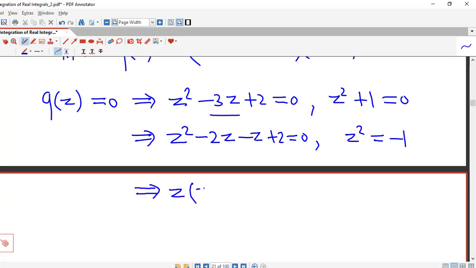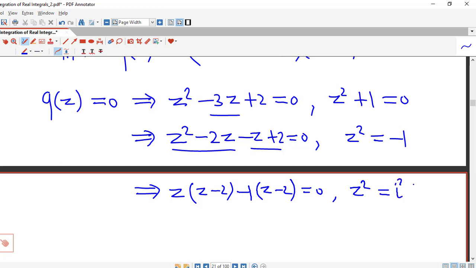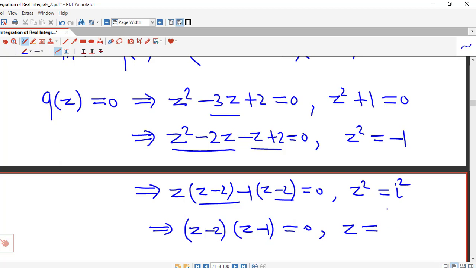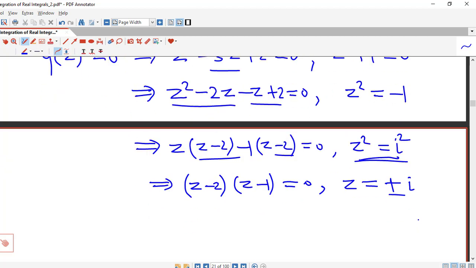Here we have z common from this, and here we can take minus 1 common. We write this as z square equal to i square, and if we take z minus 2 common here, we have z minus 2 into z minus 1 equal to 0. If we consider z square equal to i square, then z has two possible values, i and minus i. So the possible values of z are z equal to 1, 2, i and minus i.